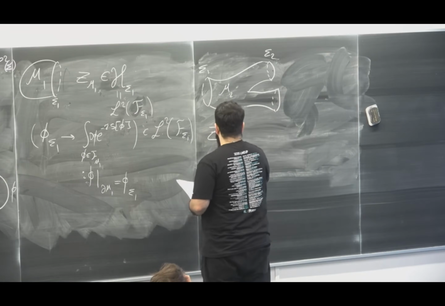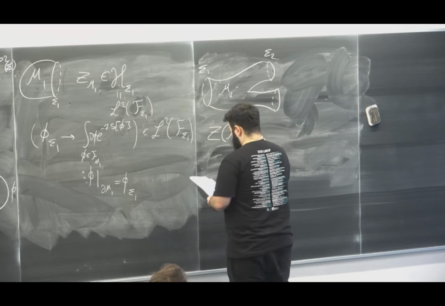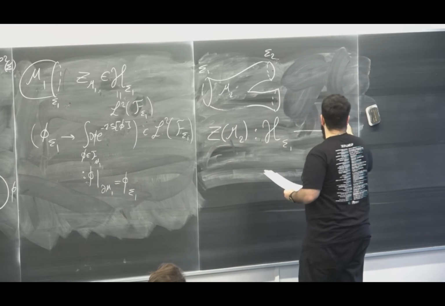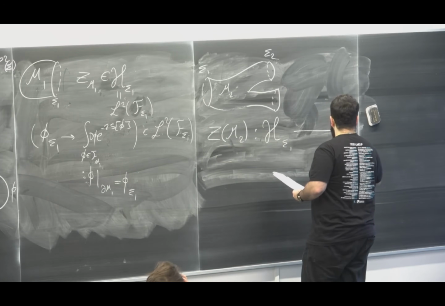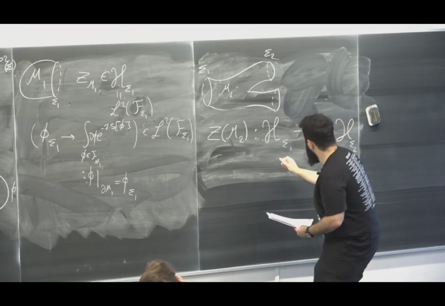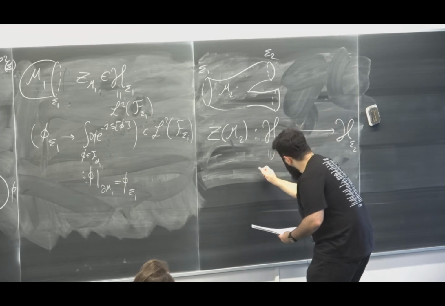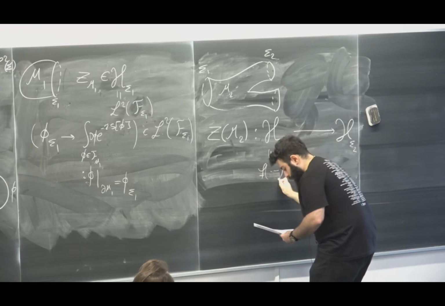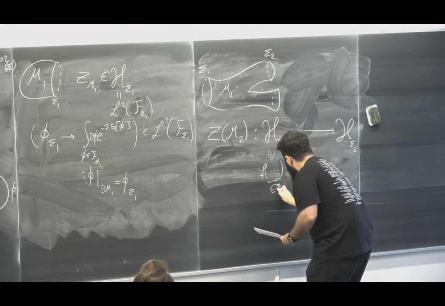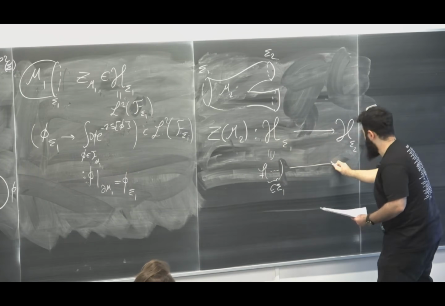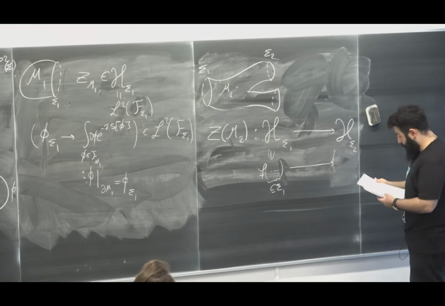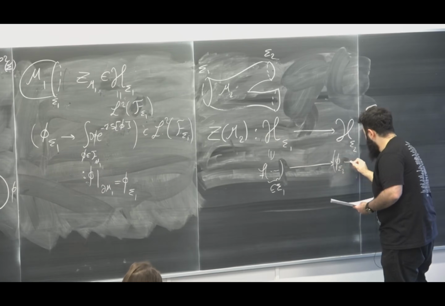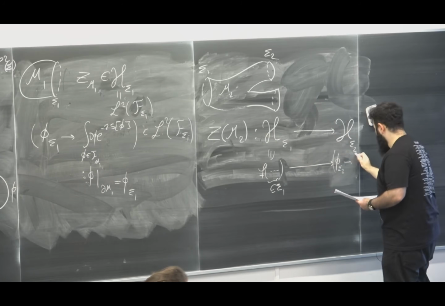Z of M2 goes from sigma 1 to sigma 2, and element-wise it is going to be functions that take in something in sigma 1 and map it to phi at sigma 2, to the integral thingy.